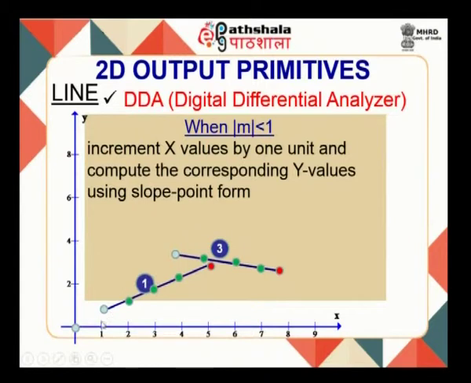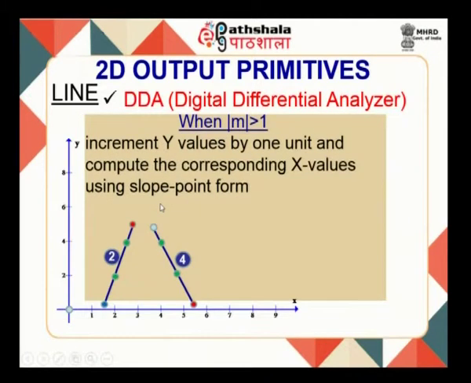We will start with the first point and keep incrementing the x values by 1 unit, because we can only sample the line along the x axis at unit intervals, and that is the best possible sampling frequency. The corresponding y values are computed using the slope point form. Similarly, for the case modulus of m greater than 1, modulus is considered because the slope can be positive or negative.